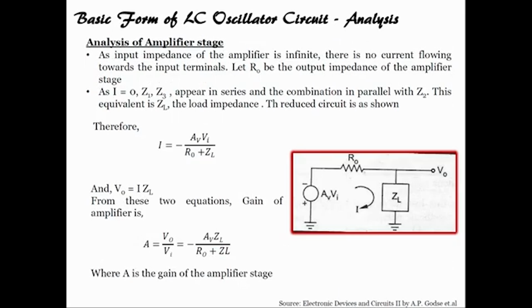So, if we analyze this amplifier stage, what we get is I equals minus AV Vi upon RO plus ZL, as you can see from here. Using this equation, the gain of the amplifier Vo by Vi equals AV ZL upon RO plus ZL, where A is the gain of the amplifier stage.